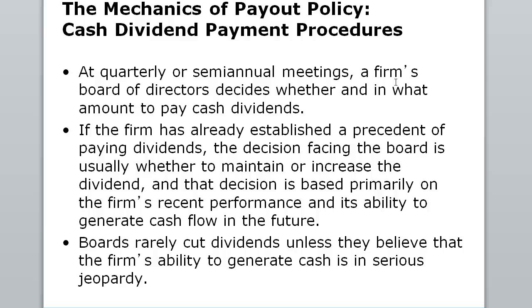Sometimes companies have a precedent of paying dividends or growing dividends at a certain rate. So the board has to decide whether to maintain this persistent precedent or increase or decrease the dividend based on the firm's financial performance. Boards rarely cut dividends unless they believe that the firm is going to have a hard time generating cash. It is in some sort of serious jeopardy.